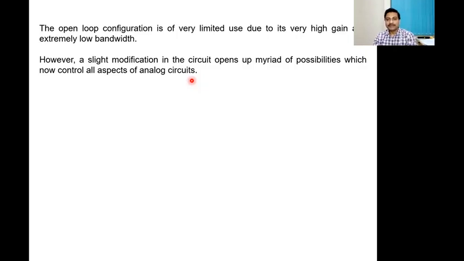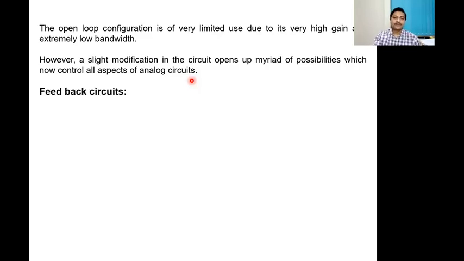With very little modification, a very simple circuit design, one can actually open up several possibilities, and these are the circuits which are at the heart of analog electronic circuits in all the devices which deal with signals and signal amplification.